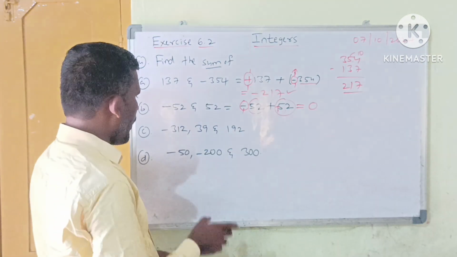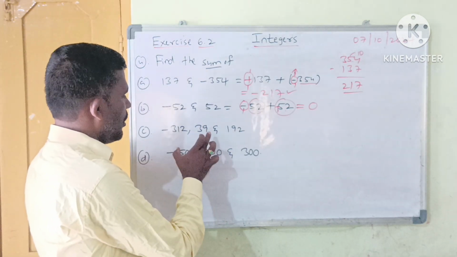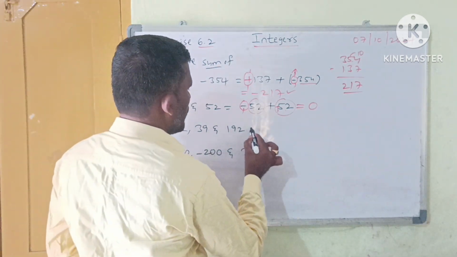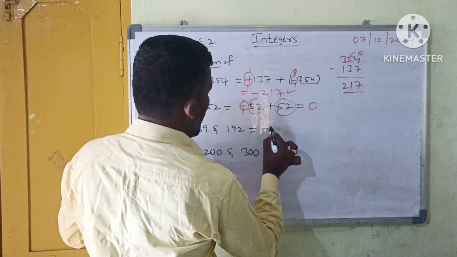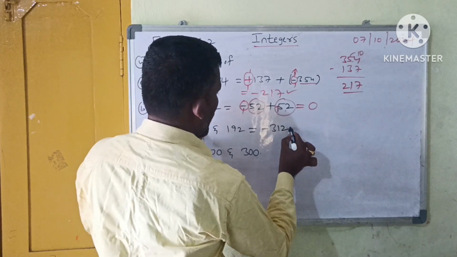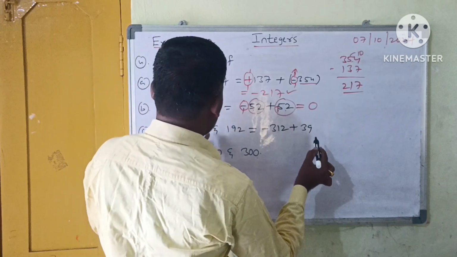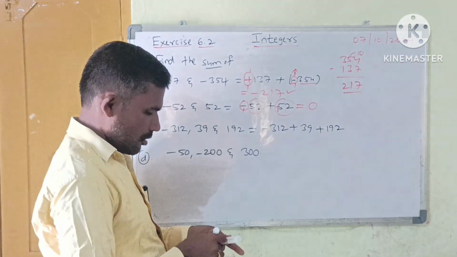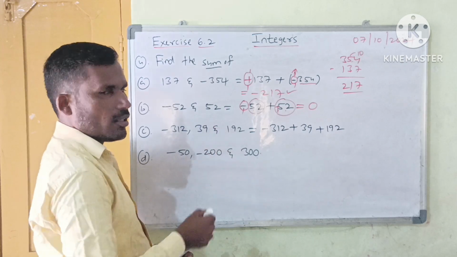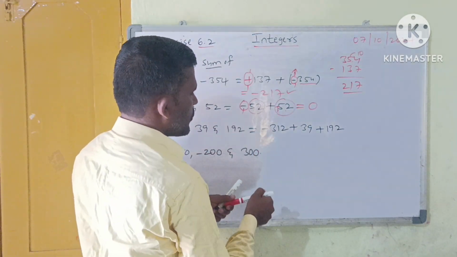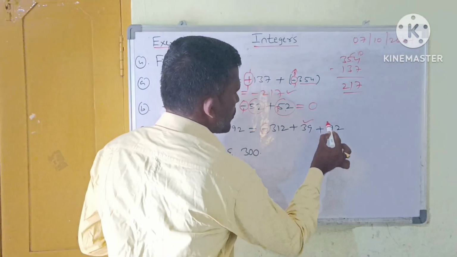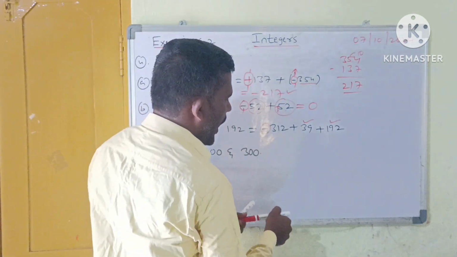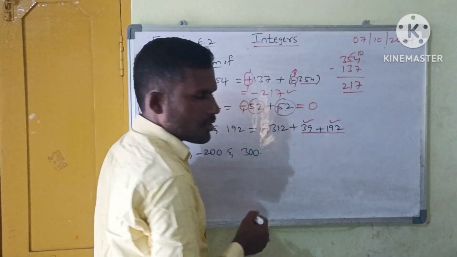Next, minus 312, 39 and 192. For this I am taking the expression minus 312, and 39 is positive and 192 is also positive. So three integers are given: the first one is negative, and these two are positive. Here one is negative and these two are positive. First we have to add these positive integers.